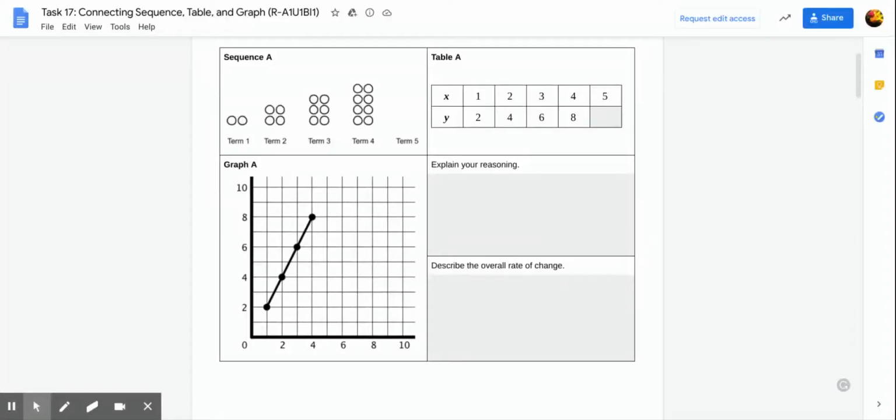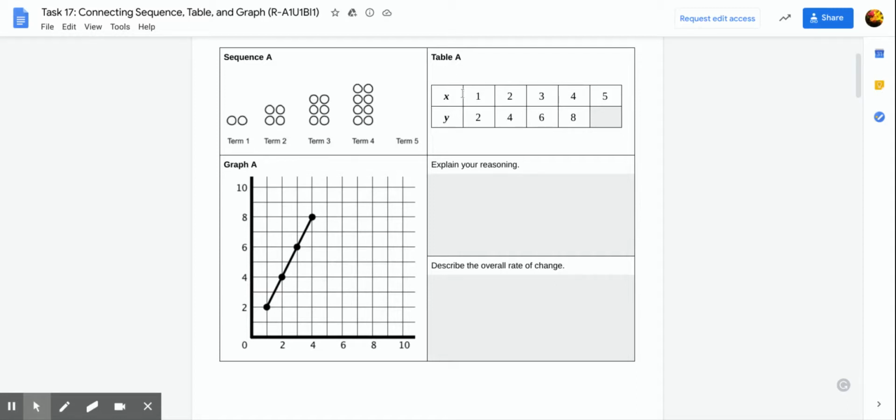We are going to explore Sequence A. Sequence A has circles. Can you find the pattern in the circles and continue the pattern? How many circles would be in term 5? You can also record how many circles there are on a table.